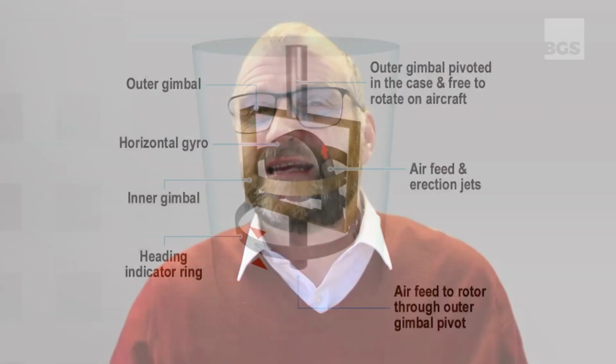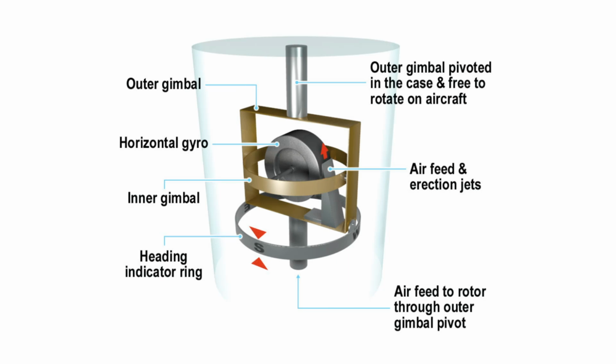More about that later. A reminder of the principle of gyroscopic rigidity. A rotating gyroscope will remain fixed in space unless acted upon by a force, regardless of the orientational movement of the aircraft. Let's have a look at a schematic of the DI.